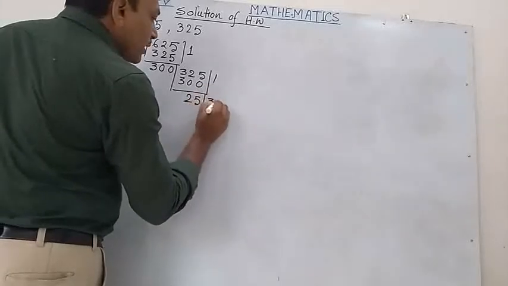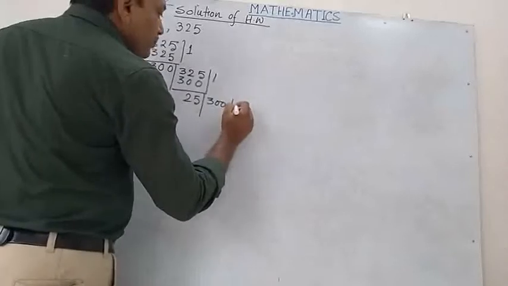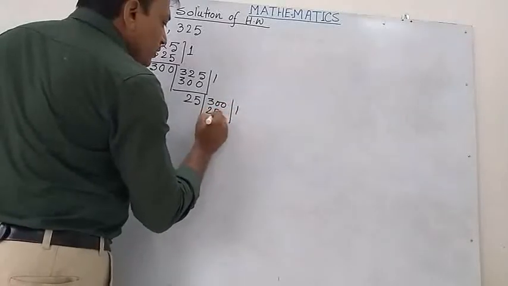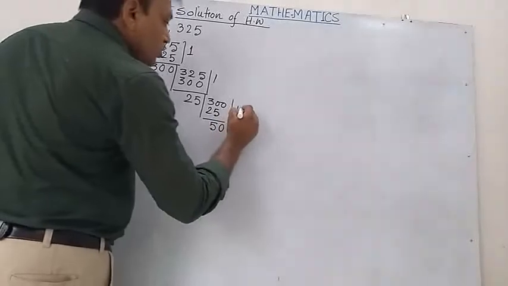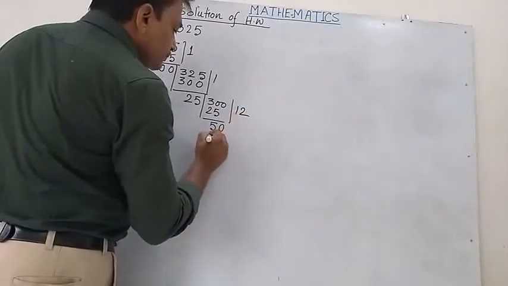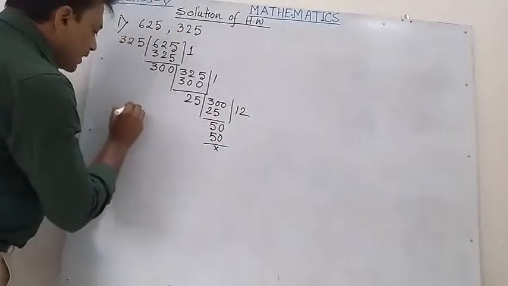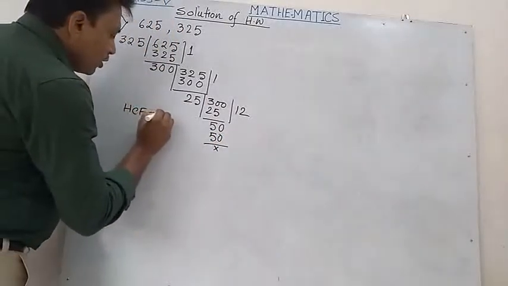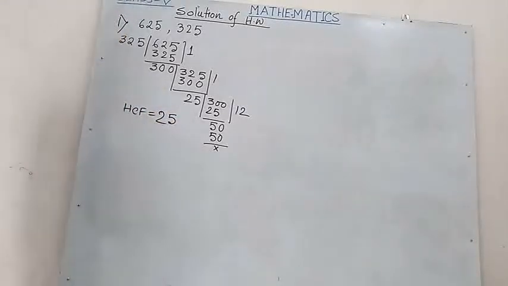Now 300 divided by 25: 25 twelves are 300, remainder 0. So the HCF of 625 and 325 is 25.